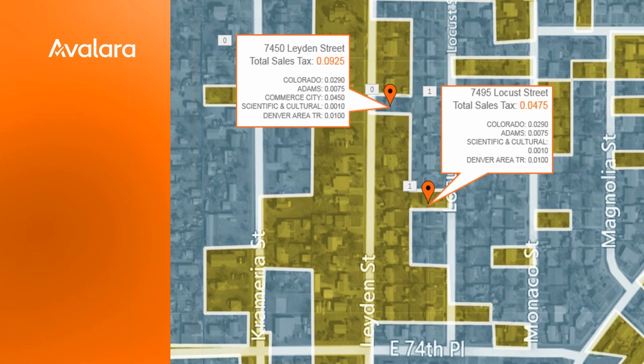You can even see some of those houses in green or yellow, however it's coming across on your end, just kind of lost in a sea of blue. Why that decision was made, I have no idea. But the point is, it was made, and this is how these jurisdictions are set up. And if you're not using some kind of solution to know that this house is 9.25%, and 4 or 5 houses down, it's 4.75%, it's going to be a difficult task.